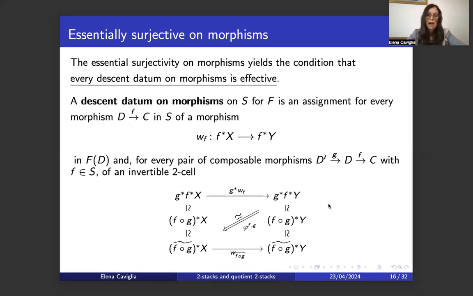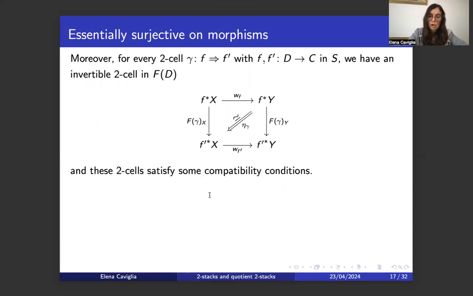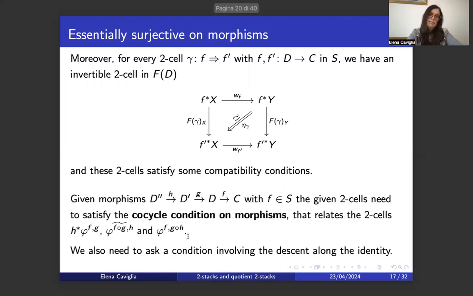So they satisfy a cocycle condition that I'm not showing you, but there is this cocycle condition on morphisms that still relates the two cells that we expect to find. And it still relates them using a natural two cell, a canonical two cell that is given by the fact that F is a triomorphism.